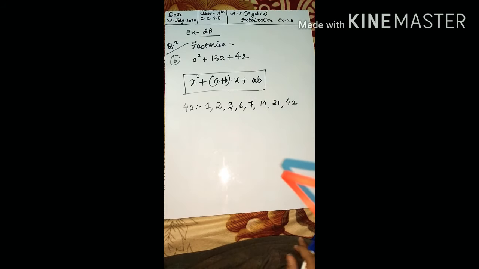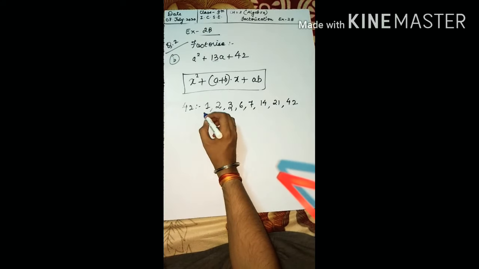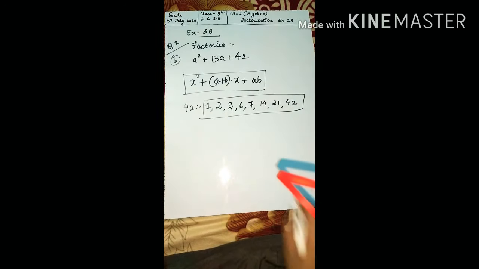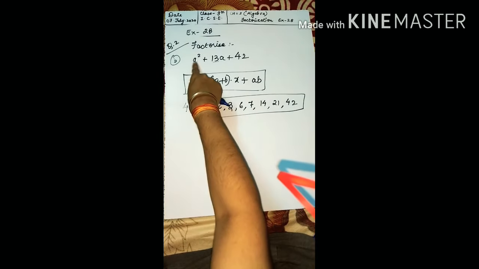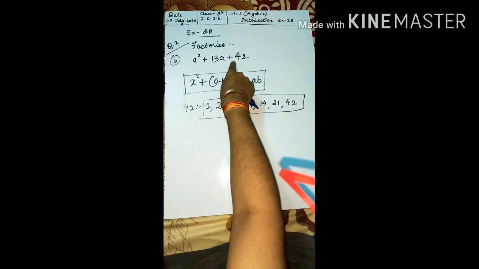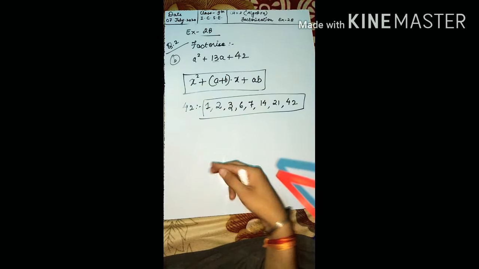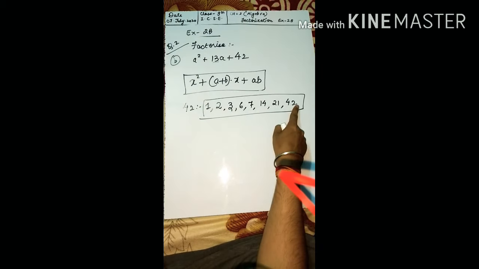Now my question to you is, this is 13. Can you select any two digits from these factors? You need to add them, because all of these are positive. This is positive, this is positive. So I'm asking you, can you tell me any two from all this?